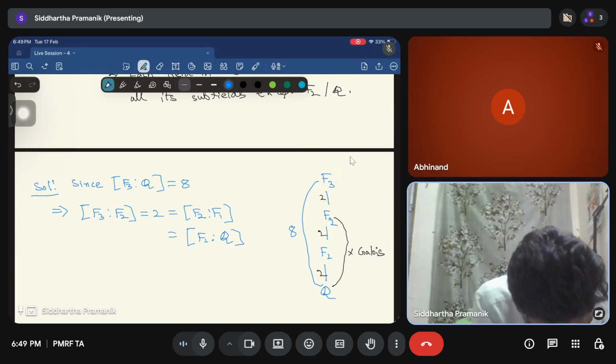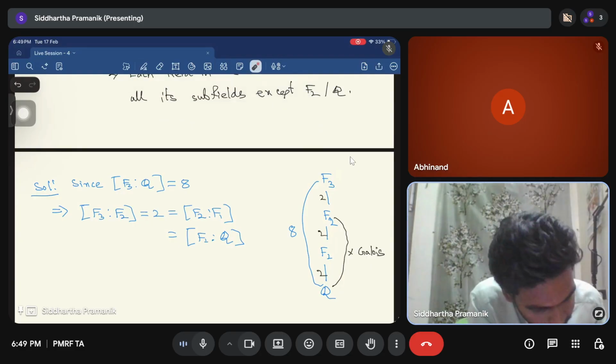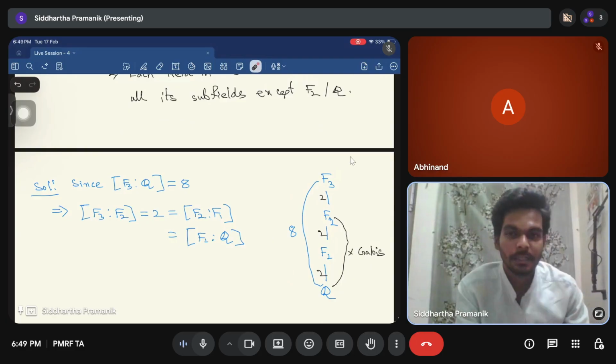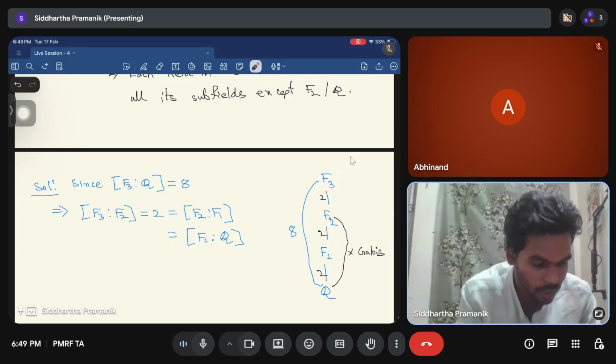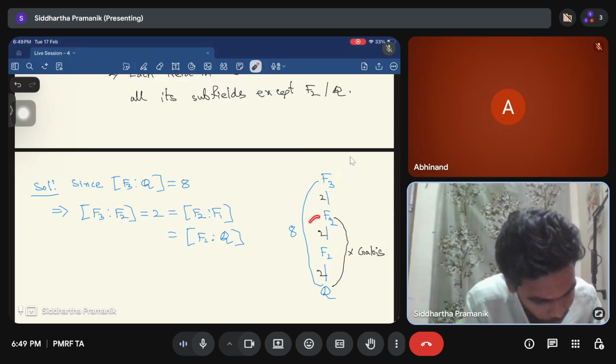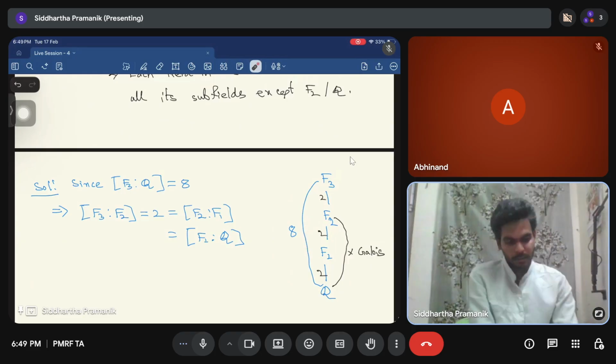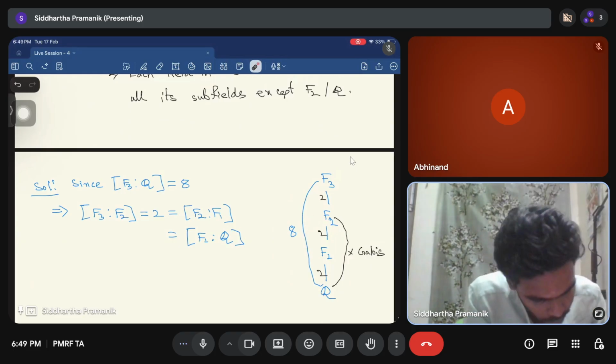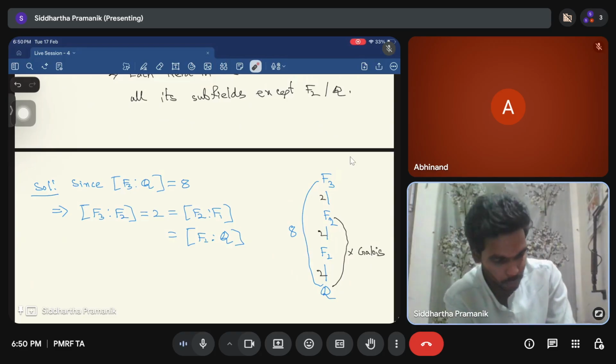Once these degrees are 2, we can see that all degree 2 extensions are always Galois, because we are not in characteristic 2. So these extensions are automatically Galois extensions. So how to construct a degree 2 extension of Q?